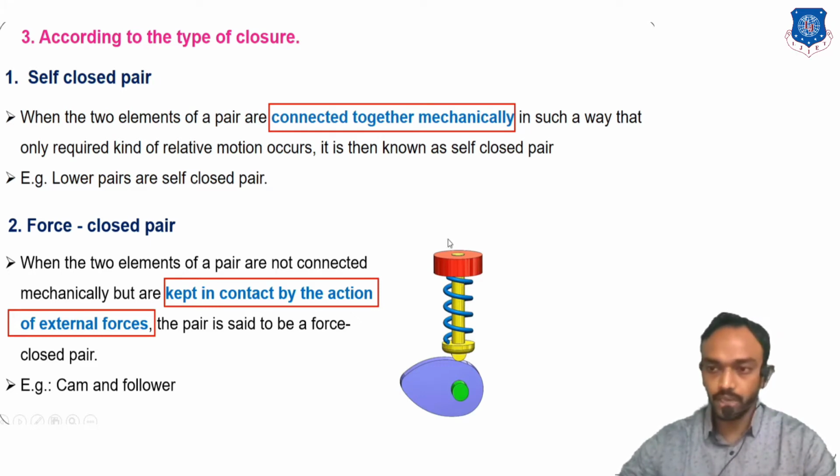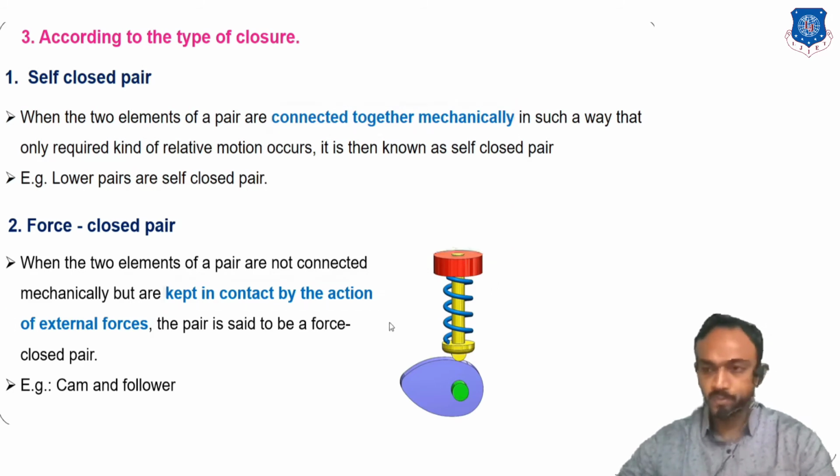We put the spring, or also we can put some constant load on that. So there is always a contact between cam and follower. So in force closure, we are applying an external force. So these are the last two types of pair: self-closed and force-closed.